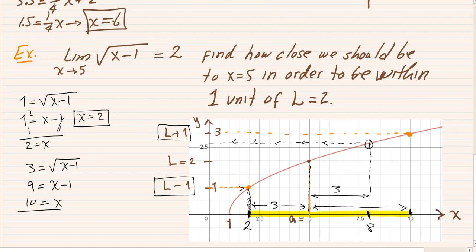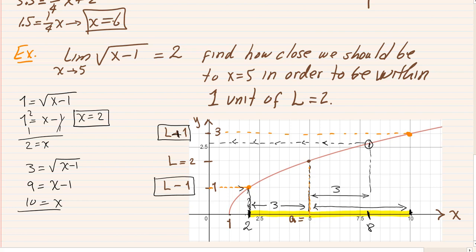Remember, the requirement here says I want to be within 1 unit of the limit. So as long as I'm up to 3, that would be 2 plus 1, for the limit, I'm okay. As long as I'm within 1 unit of the limit, that puts me at 3.